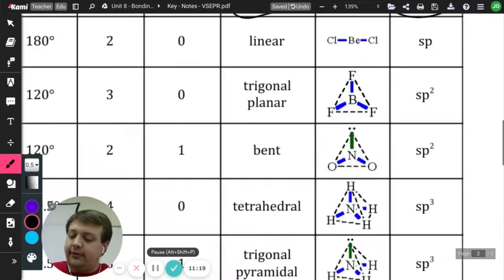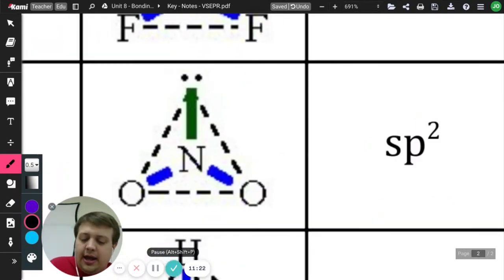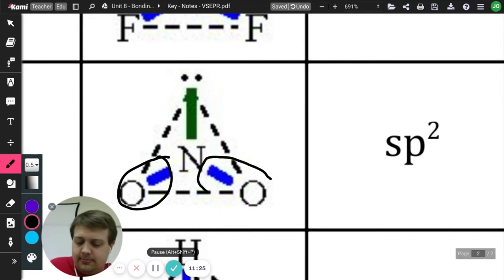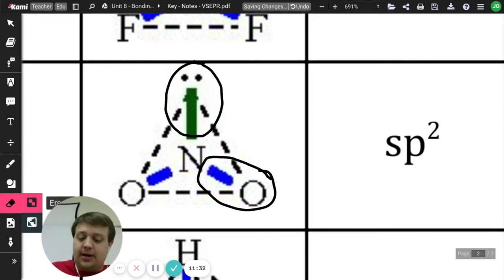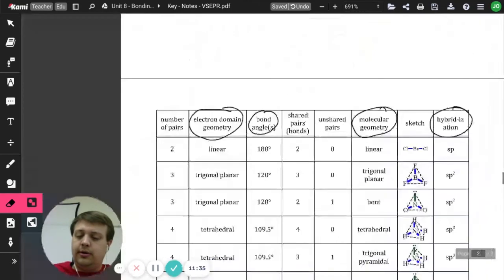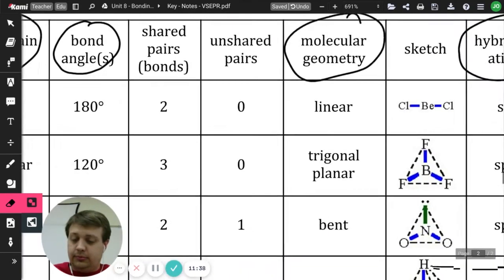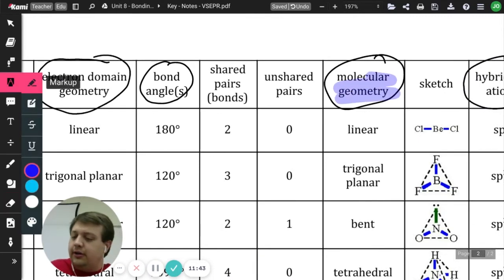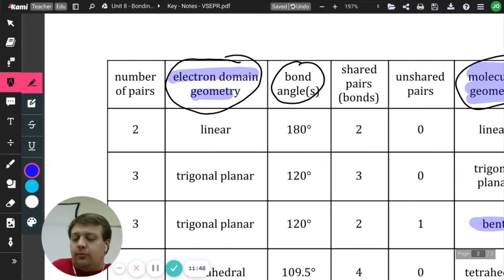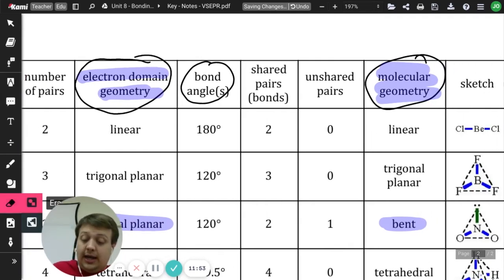Now, in this case, I've got these two atoms attached to a central atom, and then there is a lone pair up here, okay? So that would be the shape that I would have. So for my molecular geometry, it is bent. And for my electron domain geometry, it is trigonal planar. So I can now actually go back up and answer those two questions.